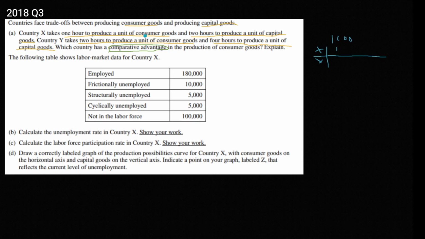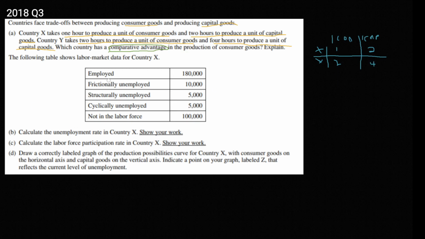And for country Y, a consumer good takes 2 hours. All right, for capital goods, let's write capital good. It takes 2 hours. So remember these are in hours. And it takes 4 hours over here.